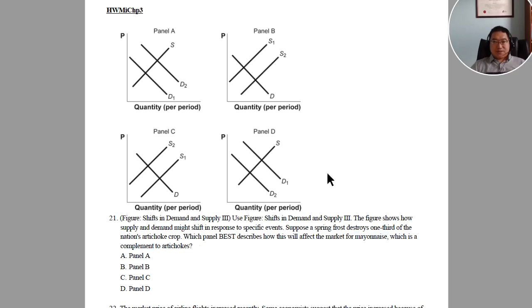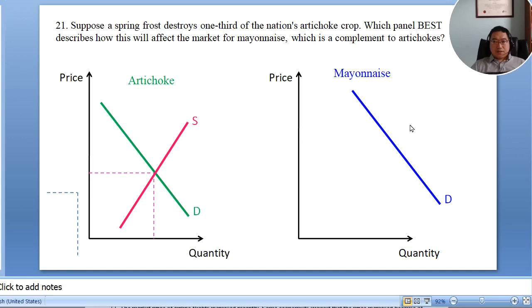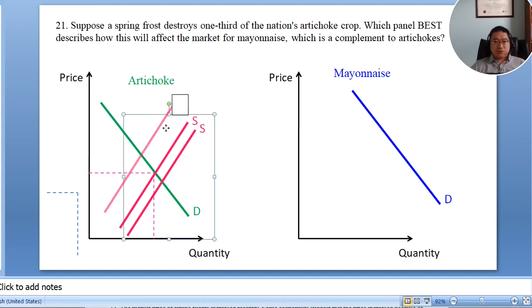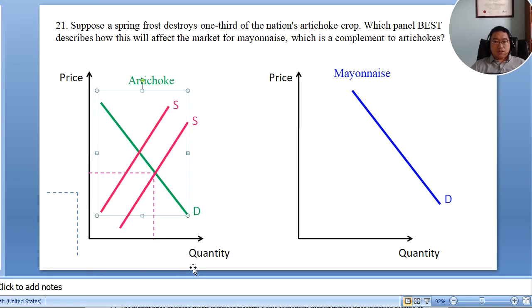What's going on for artichoke? Artichoke supply shifts to the left because of the frost. The frost means the result is a lower equilibrium quantity.